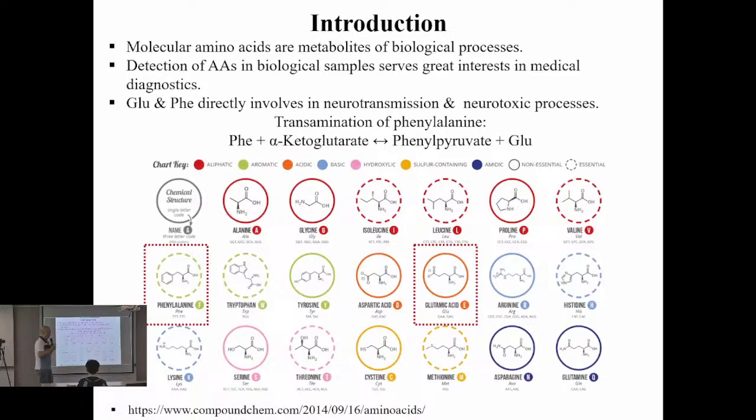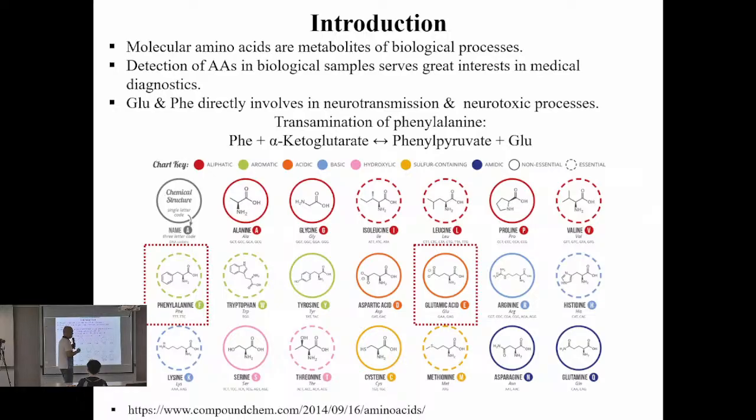So the problem is that the targeting molecule is amino acid. We know there are 20-plus amino acids with different types of structure, and they relate to many biological processes.